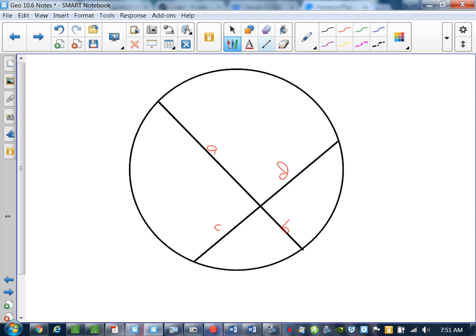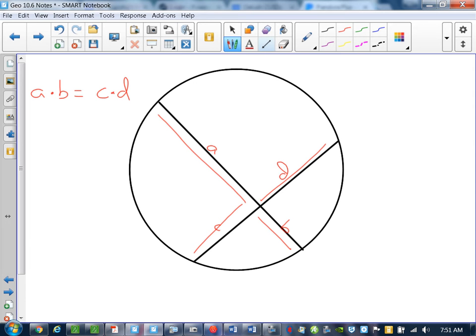And the easiest thing to think of is quite literally chunk times chunk is chunk times chunk. So it's going to be A times B equals C times D.